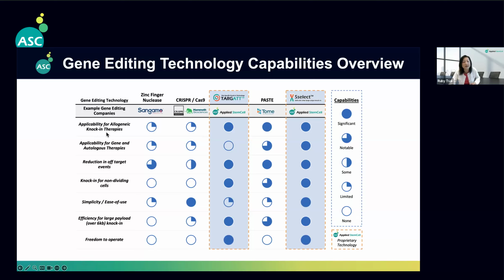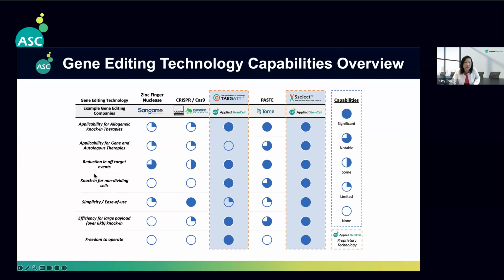So we're looking at application, allogeneic for knock-in therapy. I already said PASTE can do that, TARGATT and SELECT can do that, and not the regular CRISPR-Cas9. And then we're talking about off-target events. Both TARGATT and PASTE have better ones because we don't make double-stranded DNA breaks. There's none of the other off-target events that we have observed, especially with TARGATT.